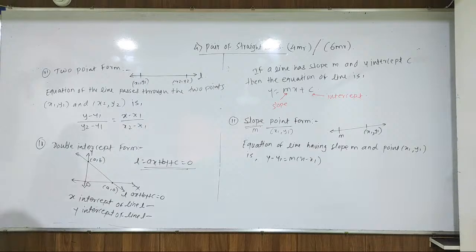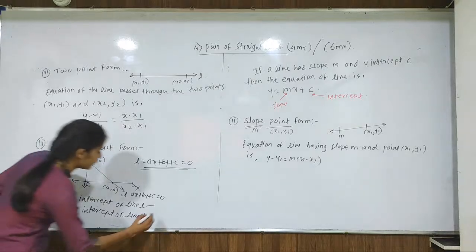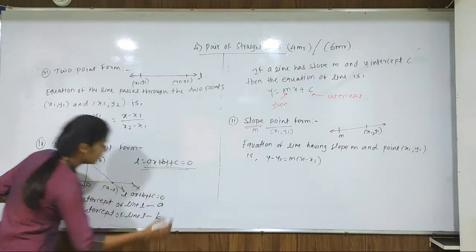X intercept is A, correct. And y intercept is B. Yes, very good. So here the x intercept is A and the y intercept is B.